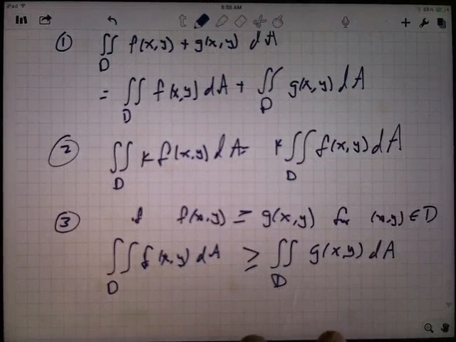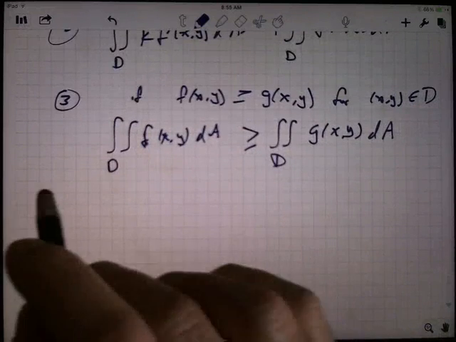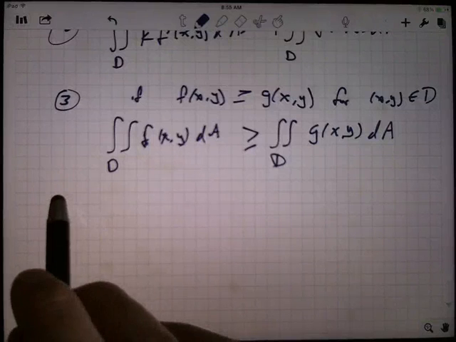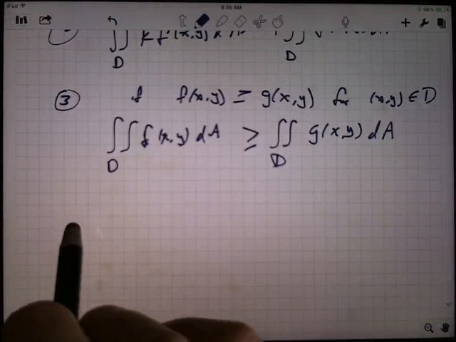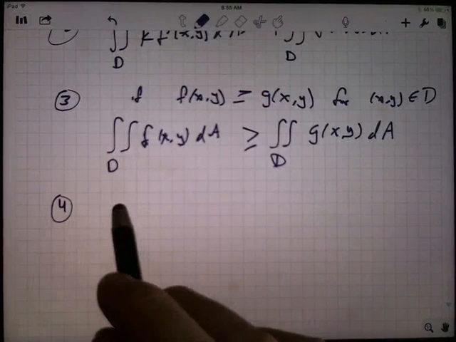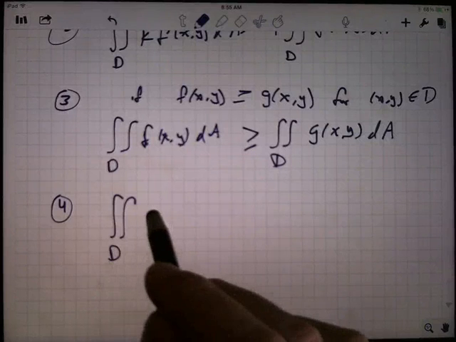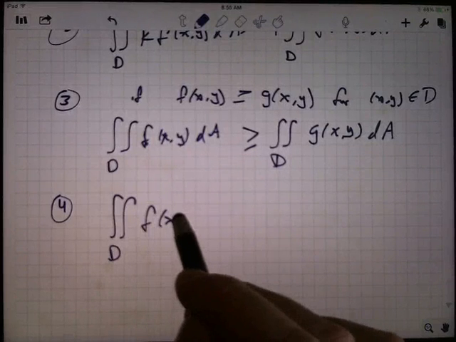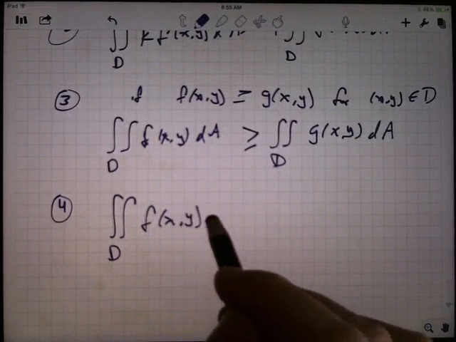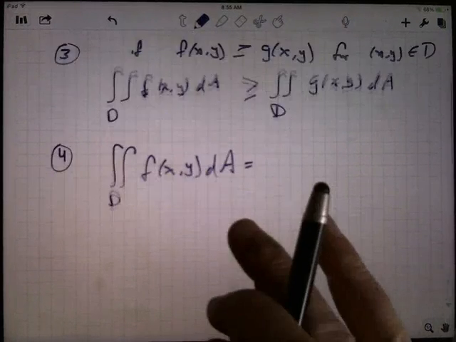Okay. And one last property. A double integral over region D of a function of two variables is equal to, and here I'm going to draw a picture.